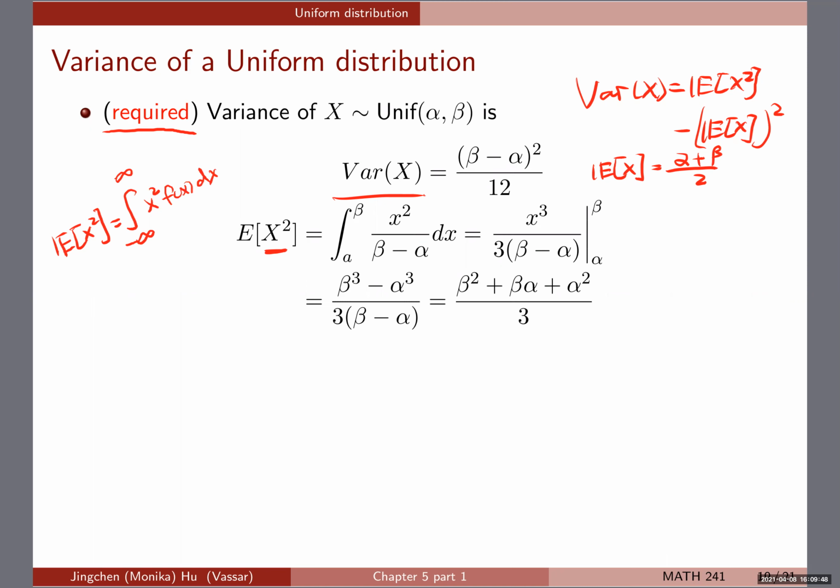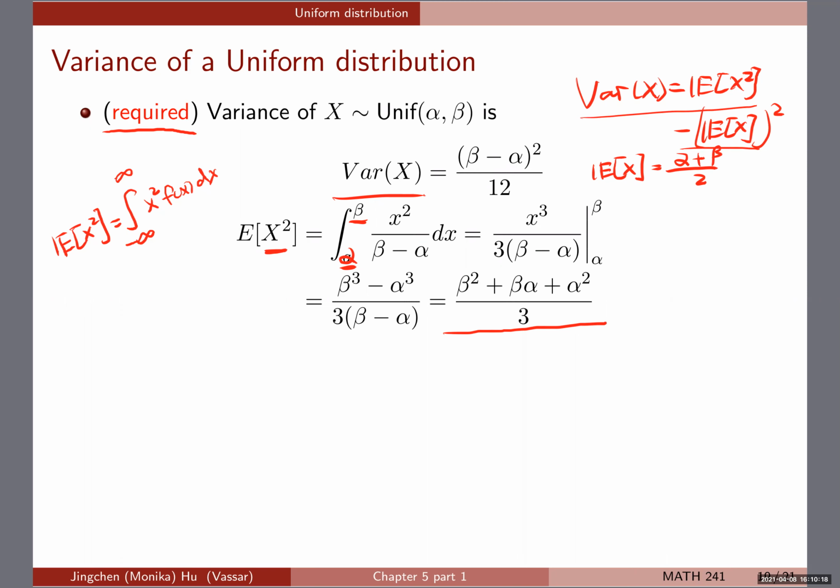So here we have x squared divided by beta minus alpha, because 1 over beta minus alpha is f(x) itself. Again, sorry about that, this should be alpha: we are narrowed down to integration from alpha to beta here as well. Then do the math carefully, step by step, and you're going to arrive at this as the expectation of x squared. The next step is going through this more carefully as well.